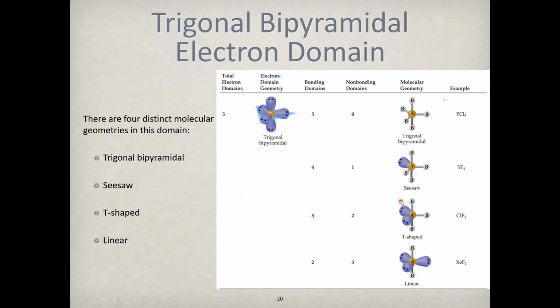So when we go to add on a lone pair, or a second lone pair, or a third lone pair, they're always going to replace the equatorial ones, just because those are more spread out. There's a greater angle there. It's 120 degrees, whereas these ones are just 90. So it allows that lone pair to be further away from everything else, basically.